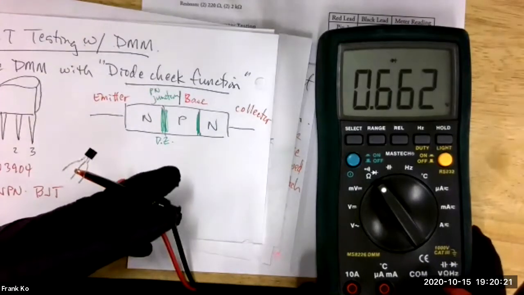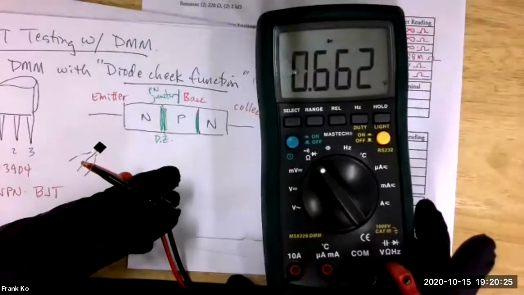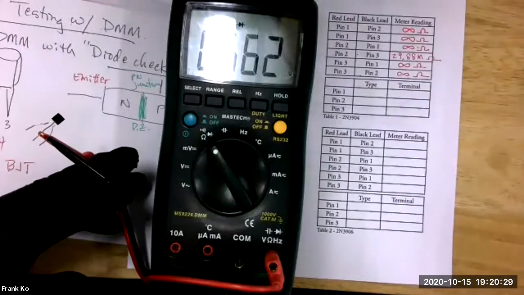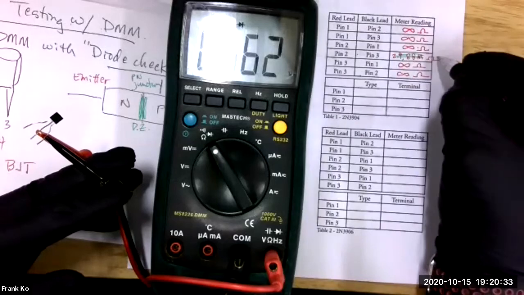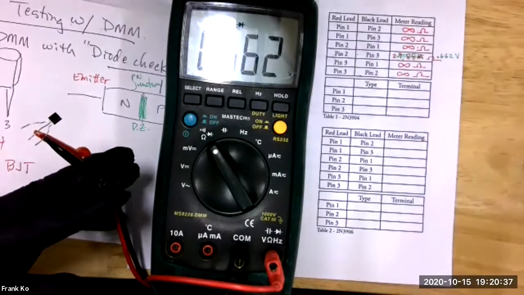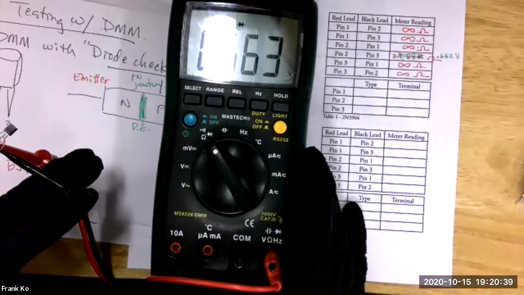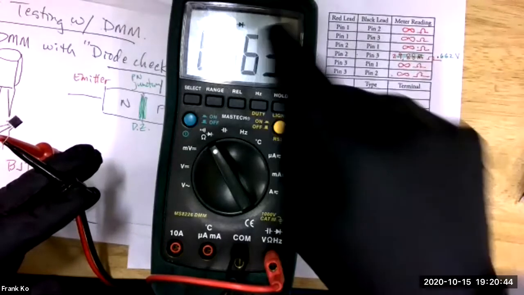So in this particular instance, we're measuring 0.662 volts. So let me change this to 0.662 volts. And so Christian, what do you have for the 2-3 combination with the diode check function showing?